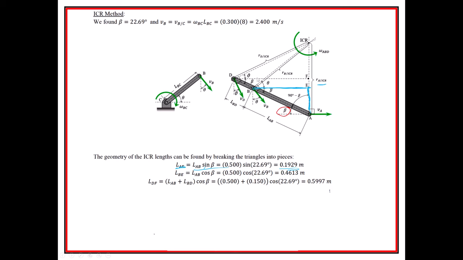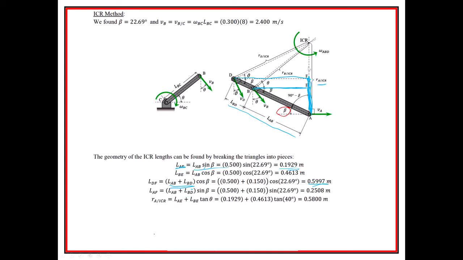Let's see where DF is going to be. I was able to find this dimension right there by using that side right here times the cosine. So I was able to find that. And then I was also able to find A to F. So that's going to be this dimension right up to here.